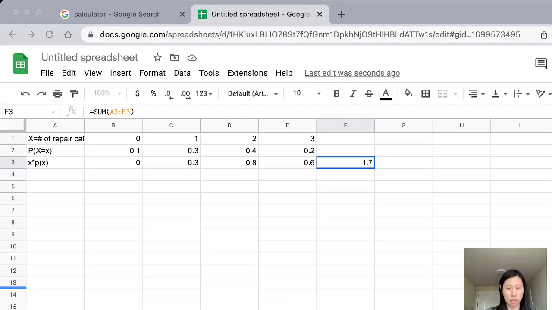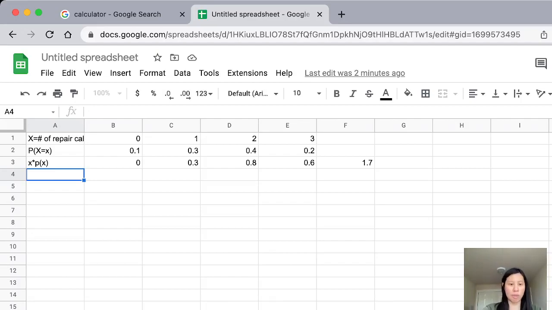Okay, so now we found the expected value. So the next step is we want to use each number x to subtract the mu, which is our 1.7. So now let's do it. For each number we have 0 minus 1.7.